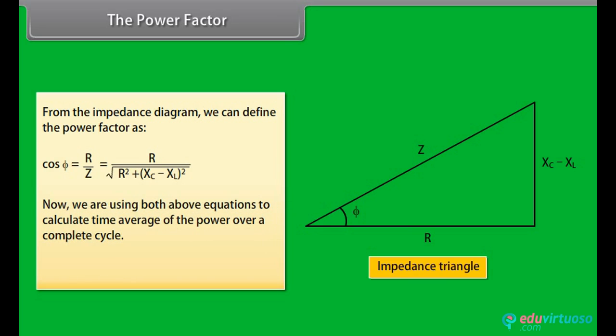Now, using both the above equations to calculate the time average of the power over the complete cycle, P bar is equal to the product of Irms square and R.